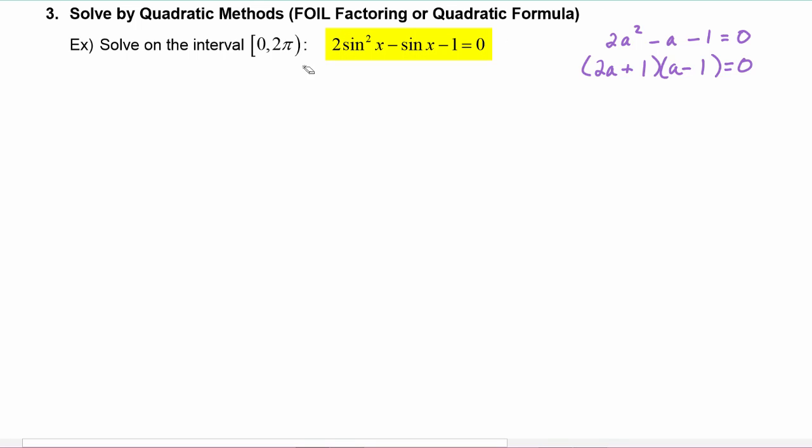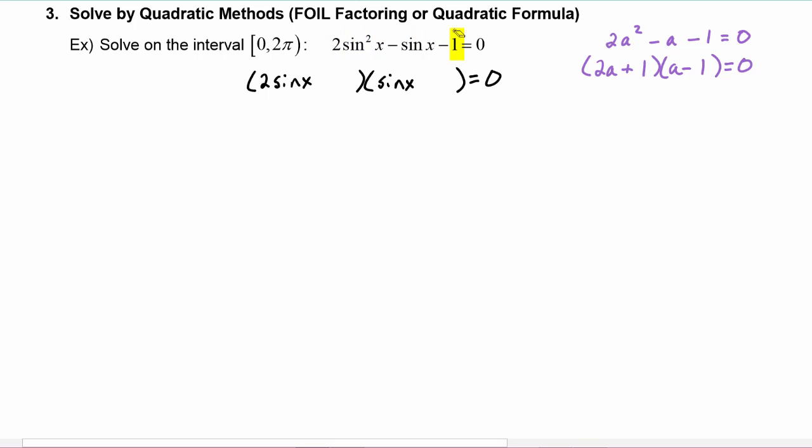Now the same thing is going on in this equation, but the a has been substituted with sine of x. So when you're looking at this equation, you know you're going to FOIL factor. You know the only way to get 2 sine squared of x is to take 2 sine of x and multiply it by sine of x.